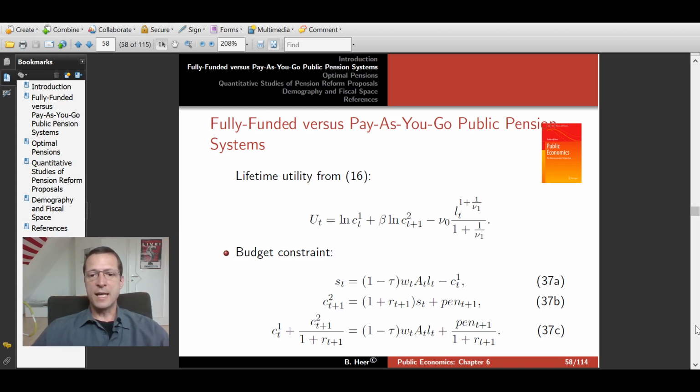So w_t A_t times the hours we work, L_t, is our wage income. And we notice that the wage rate per hour, per time unit, grows at the exogenous rate gamma of the labor augmenting technological progress. Our labor income, our earnings, are taxed at rate tau, which is our social security tax.